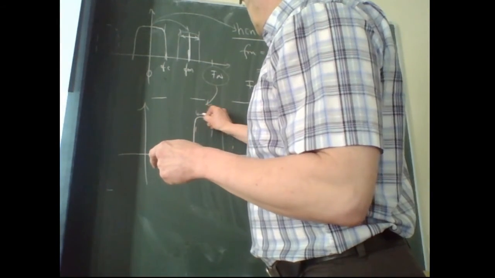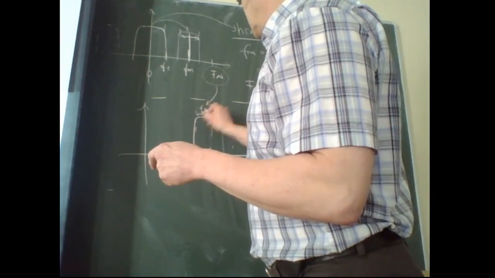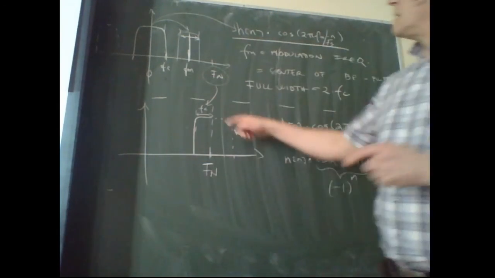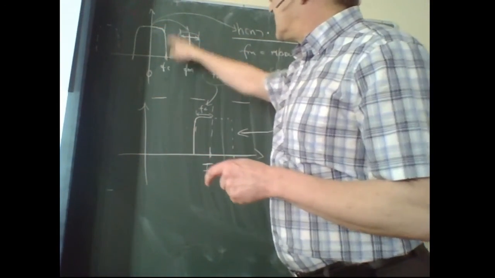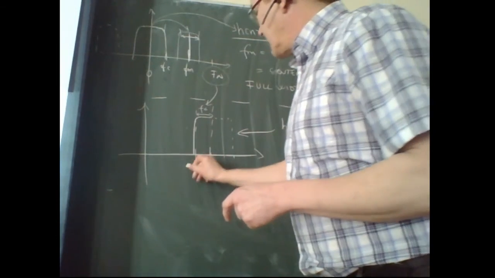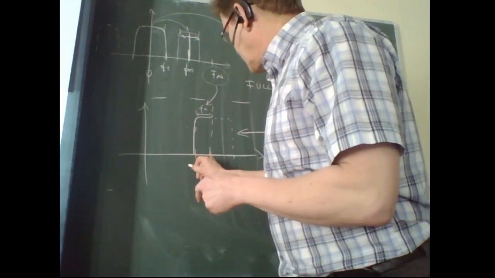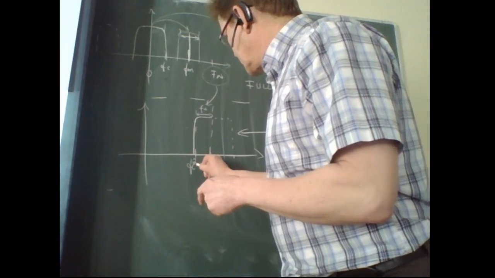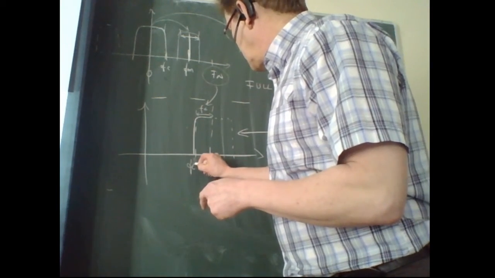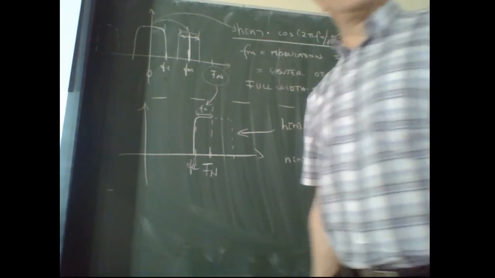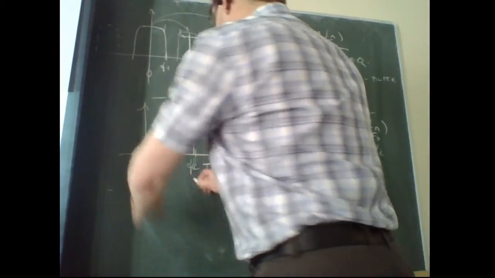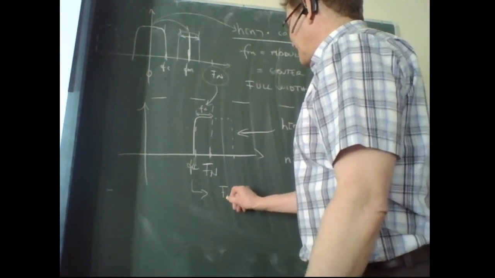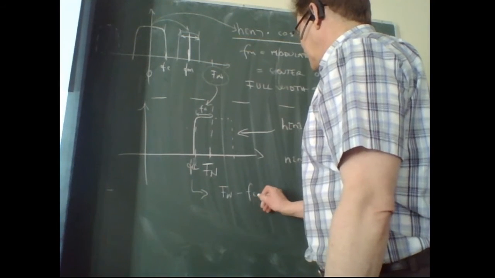Now the bandwidth of this filter is FC. If that FC is here, the cutoff frequency of this high pass filter is right here. So the cutoff frequency is basically the Nyquist frequency minus FC.